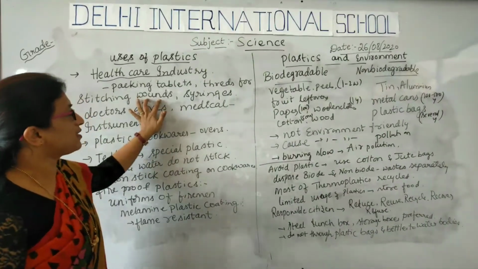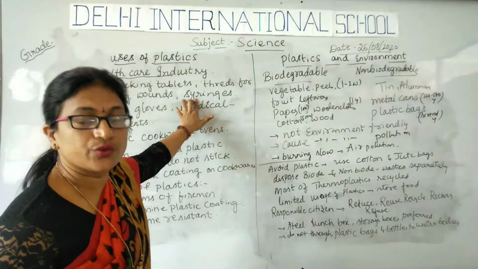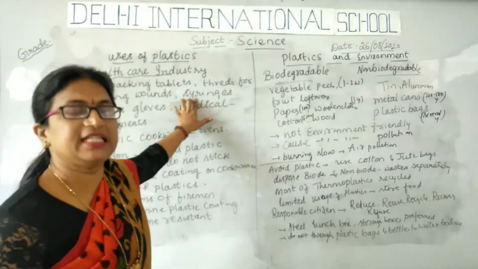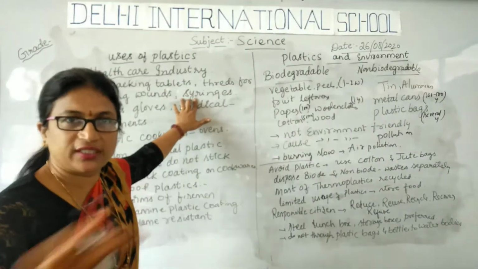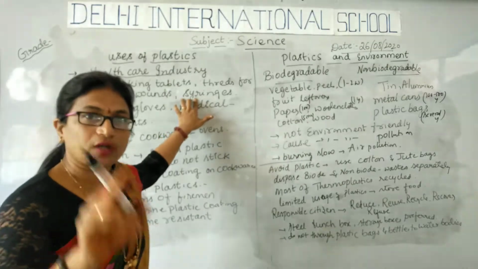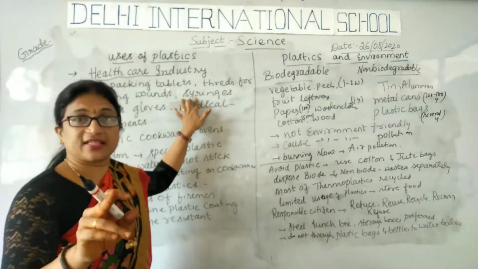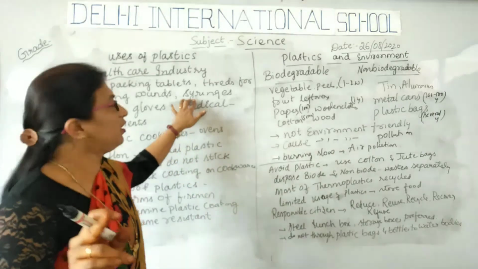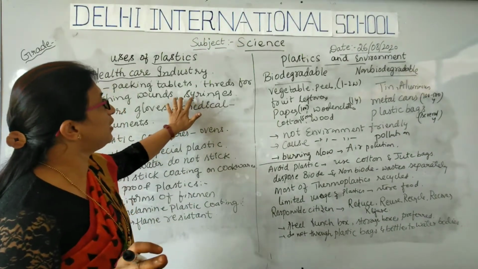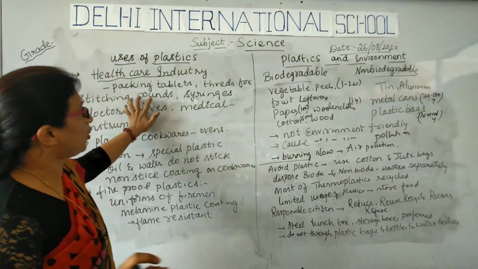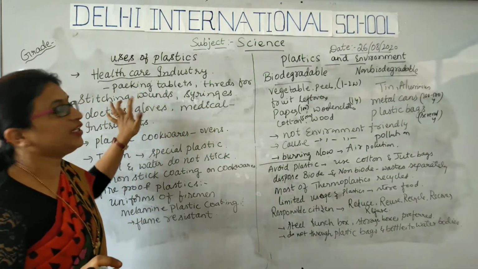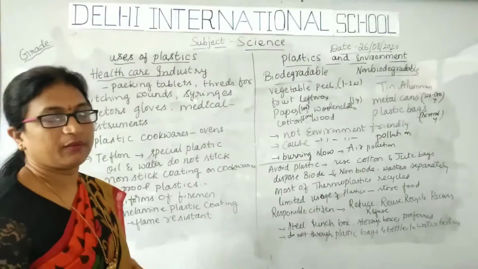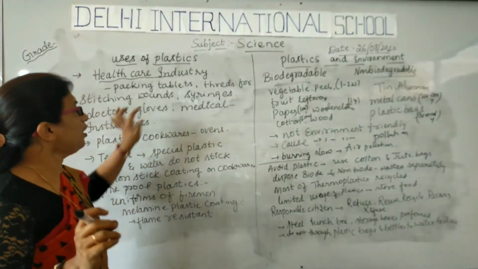In hospitals, plastics are also used in syringes, because plastic is non-corrosive and non-reactive: it does not rust, and it does not react with its surroundings.